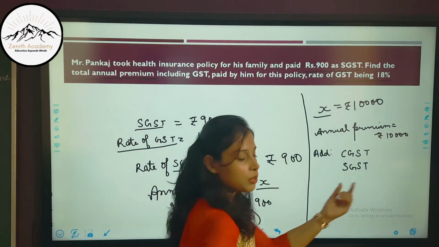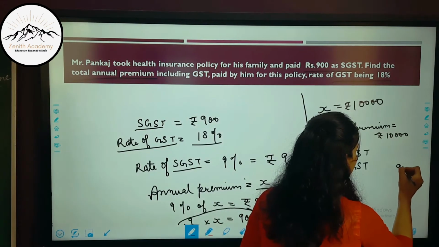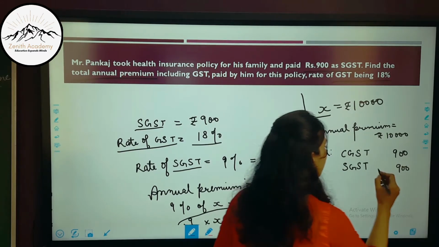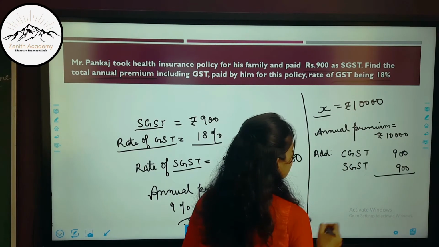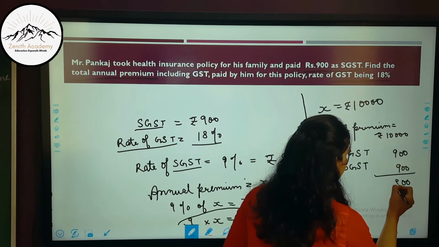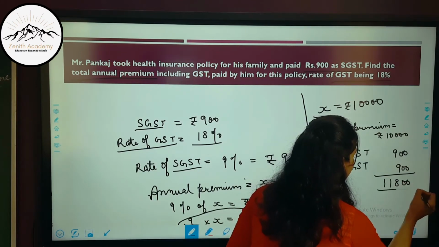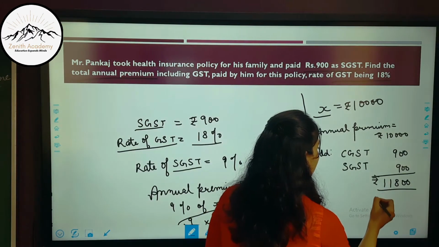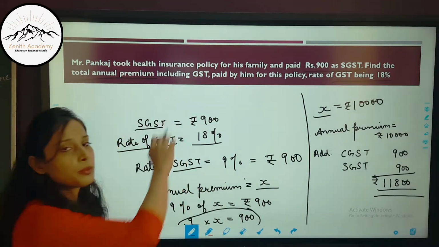SGST was given to us as 900, so we don't need to calculate; CGST will be the same, 900. So the total will be 11,800, and hence our answer, the total annual premium.